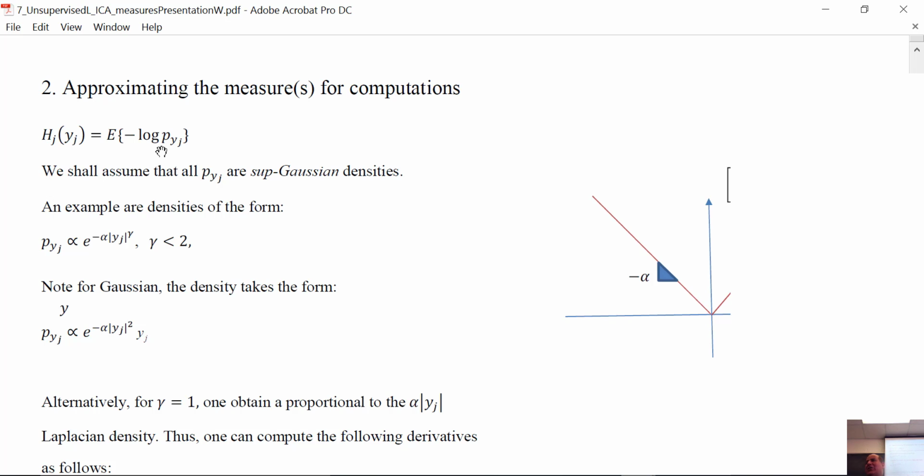But you don't have any expression for that, and you need it for the computation. When you look at the minimization, at some point you're going to say, I need an expression to do the computation of this density.